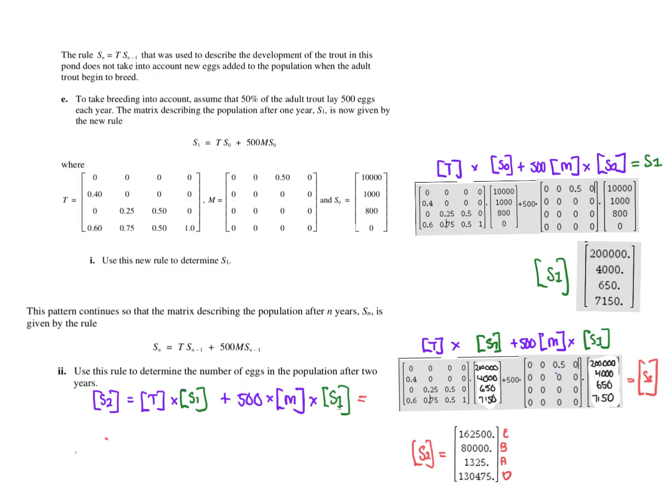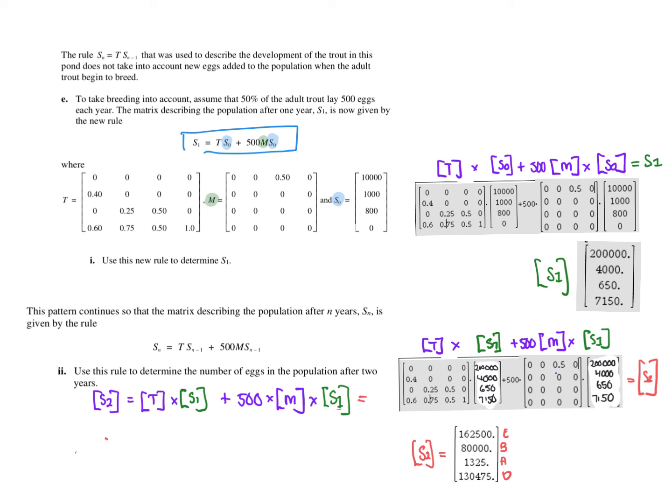Okay, this question continued, and we got this new formula for the population of trout. Now you can see in this formula, you're actually using the one before twice, and that's okay. You just pop in the formula. You also have another matrix in there, M, and we're just going to put that in. They've given you M here, and you'd use the one before. So here when they ask you to determine S1, you just have to follow the formula.